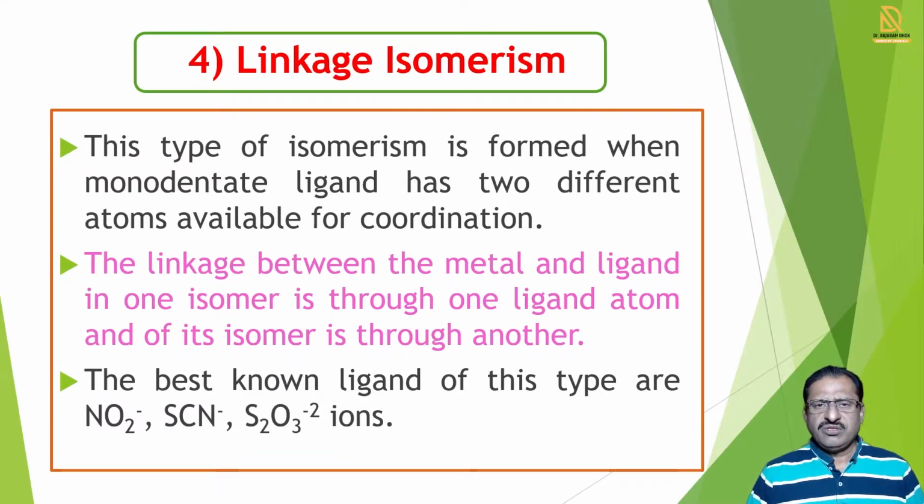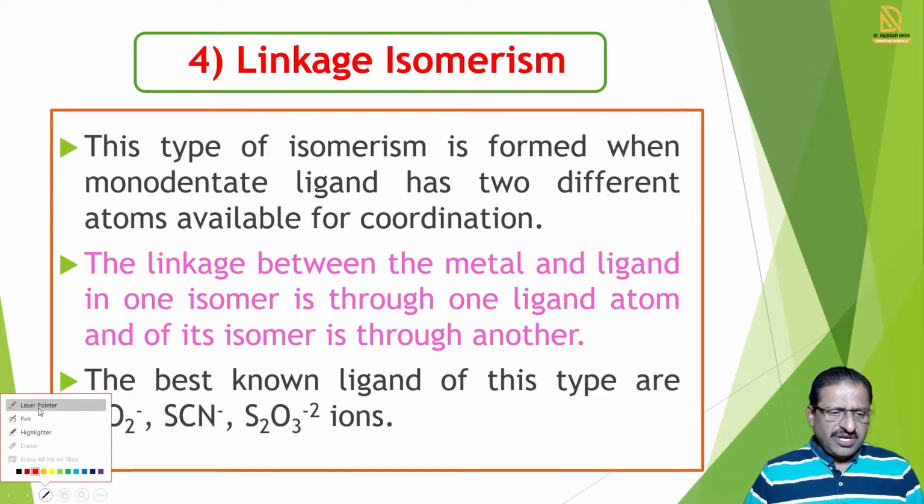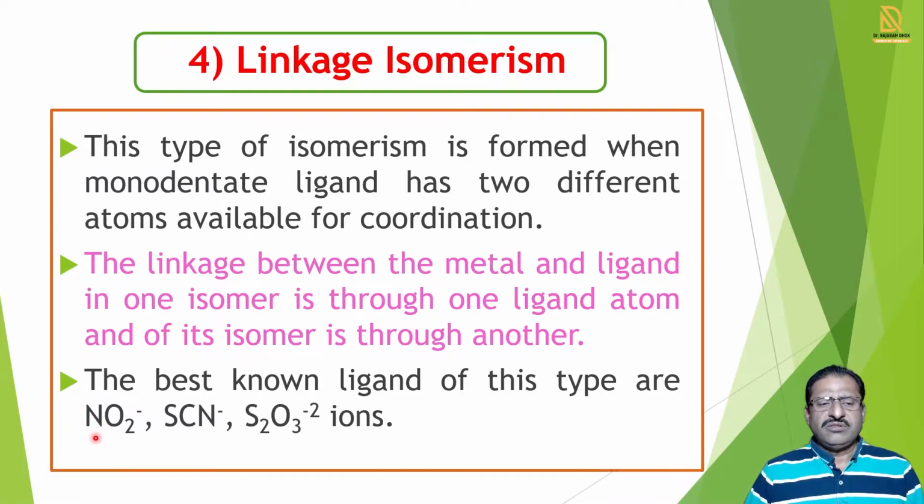For that purpose we take some examples. From these examples you get an idea about this linkage isomerism. So there is the example of the NO2 ligand, the nitro ligand. This NO2 ligand has nitrogen and oxygen, both are donor atoms. But when nitrogen donates, then at that time oxygen is not a donor.